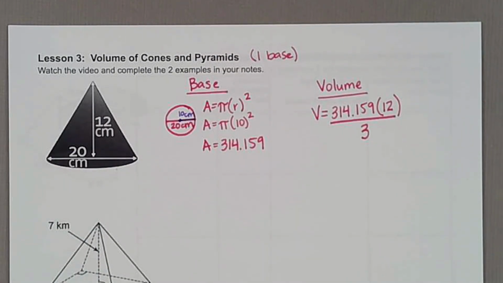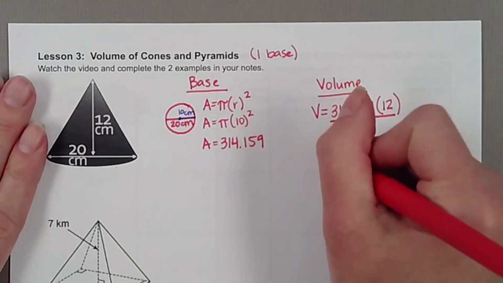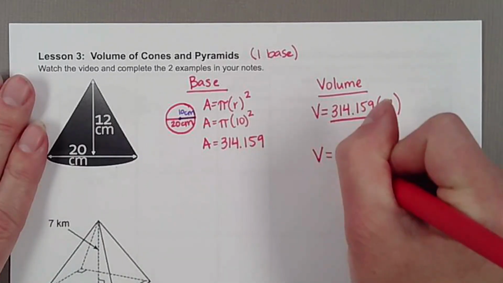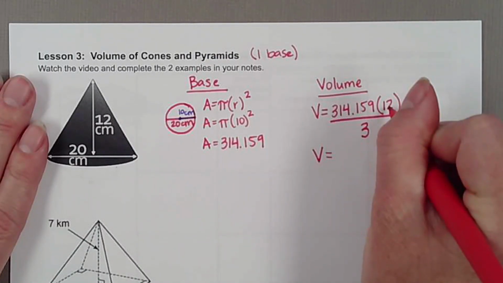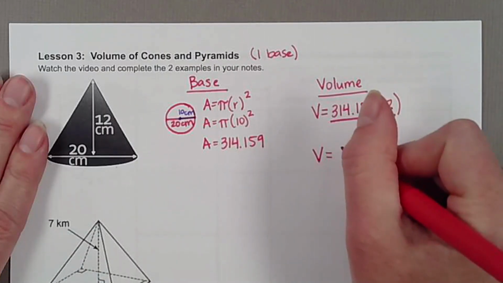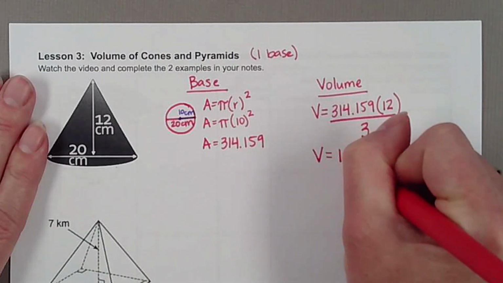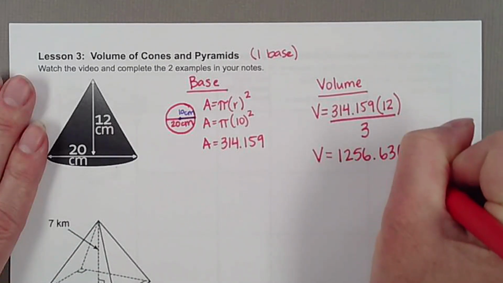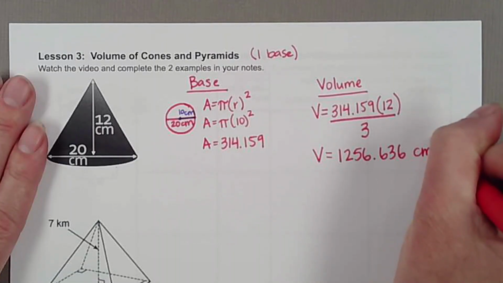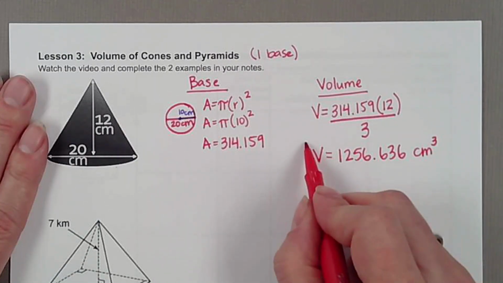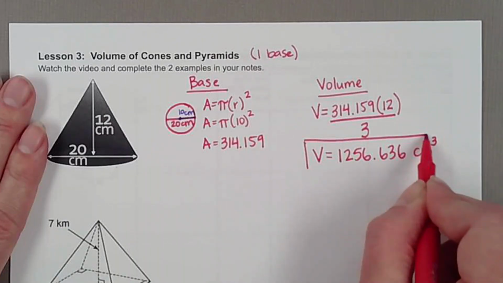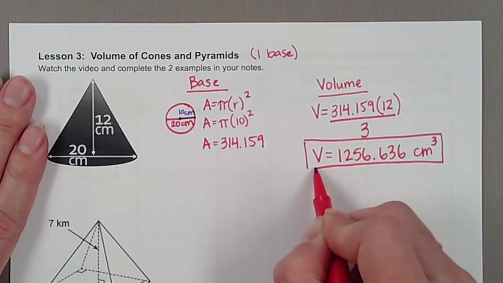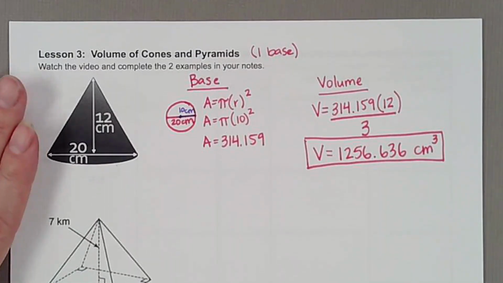It's just part of the formula. That's what we have to do. Volume equals, when I typed this into my calculator and divided by 3, I got 1,256.636, and I am measuring in centimeters cubed. The centimeters came from looking at my measurements. The cubed is because it's volume.